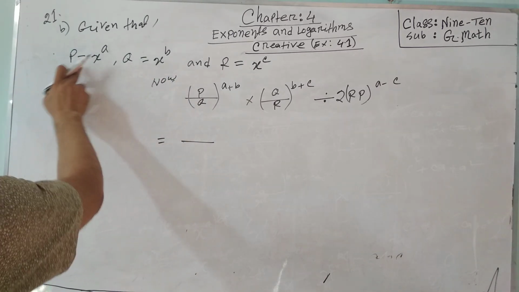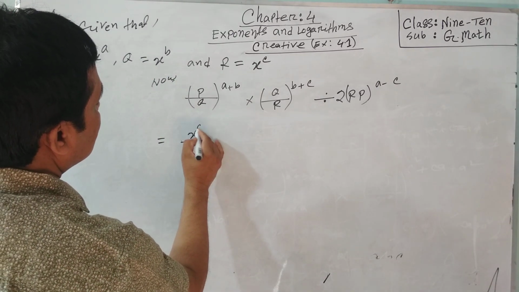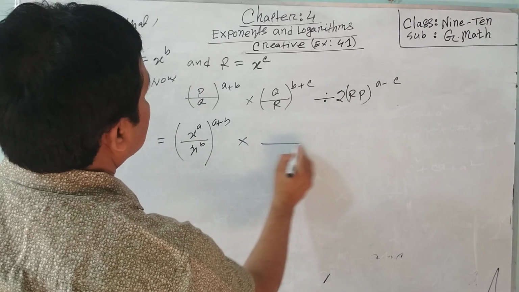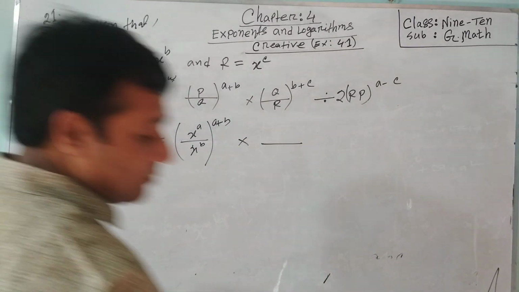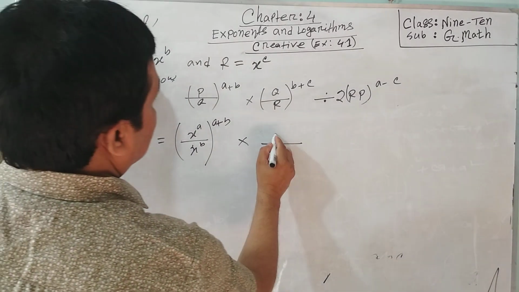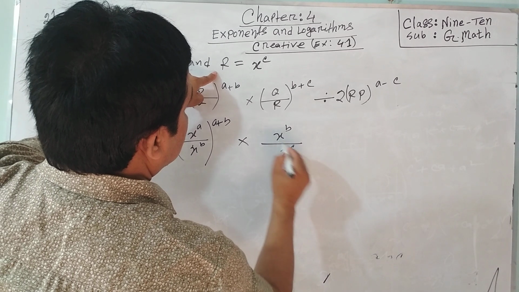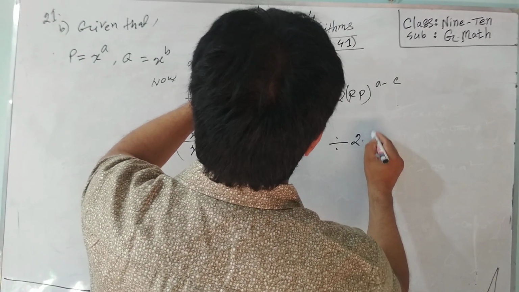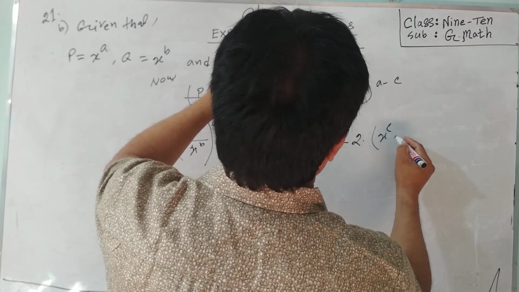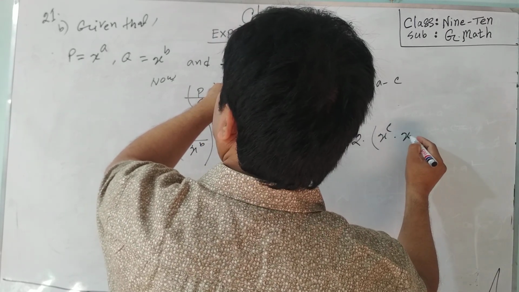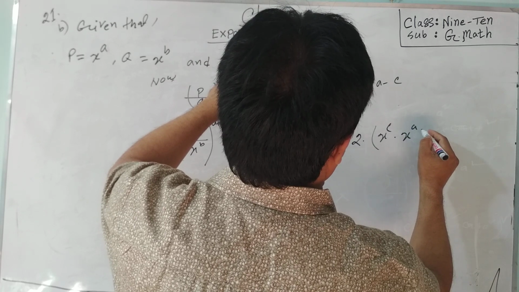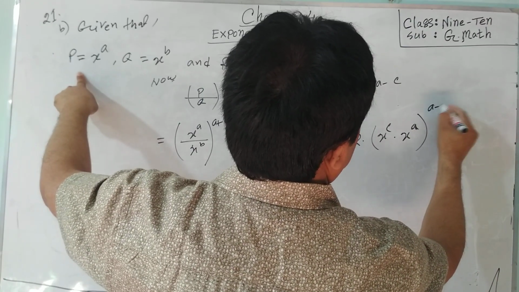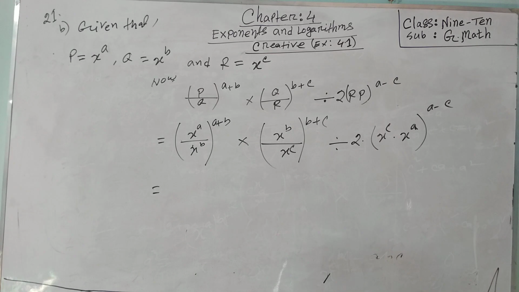Here the value of p is x to the power a, (x to the power a) to the power of q, x to the power b, a plus b, into power of q equals x to the power b, power of r, x to the power c, b plus c, division 2 into power of r, x to the power c, power of p, x to the power a, a minus c.